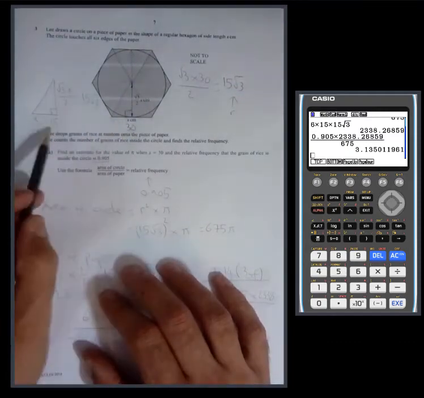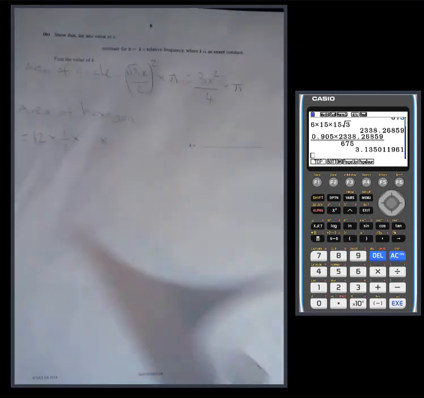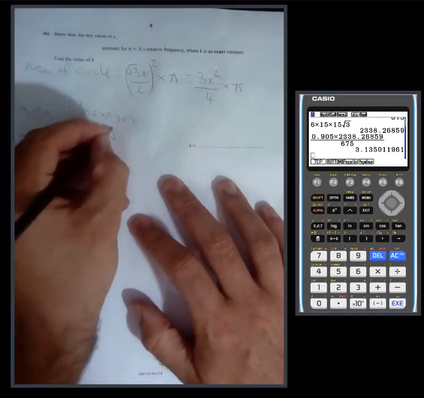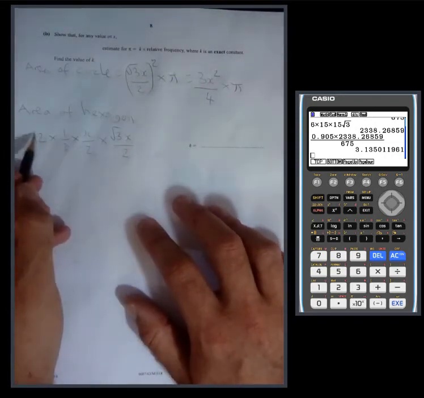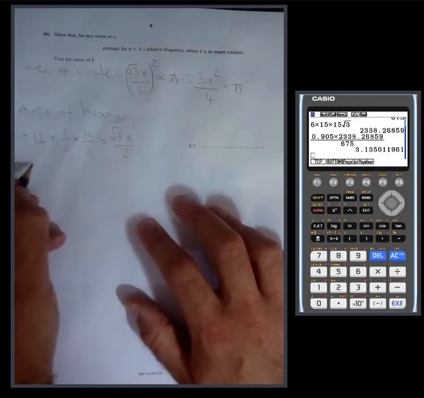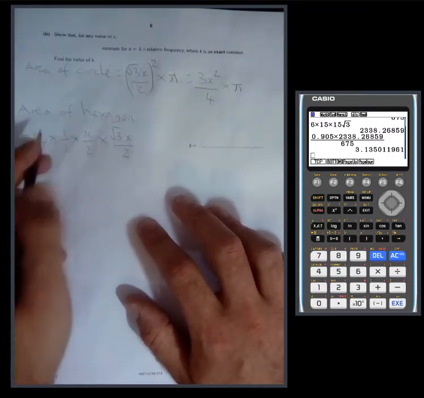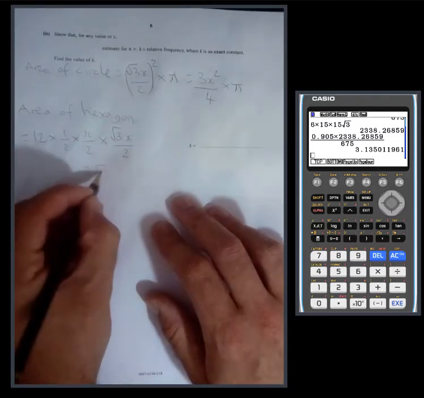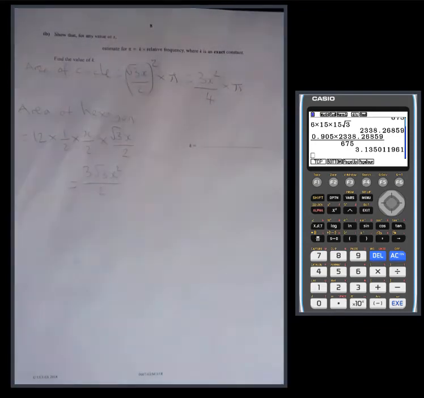The base is x over 2 and the height is root 3x over 2, so times x over 2 times root 3x over 2. Okay, so what can we do with that? Well, 12 times a half is 6, then 6 over 2 is 3, so this is 3 times another x, so you end up with 3 root 3 x squared over 2. Right, so that's not too bad.